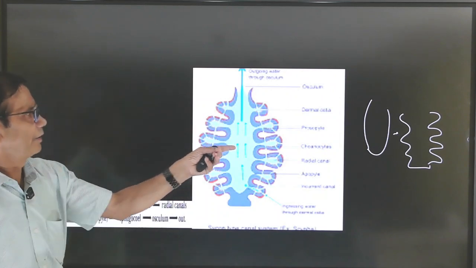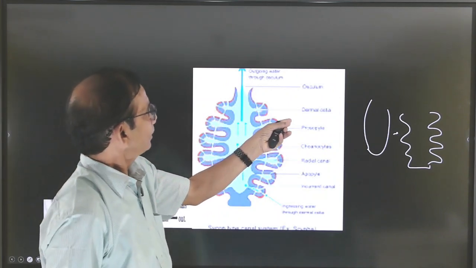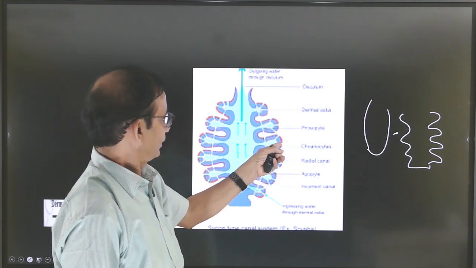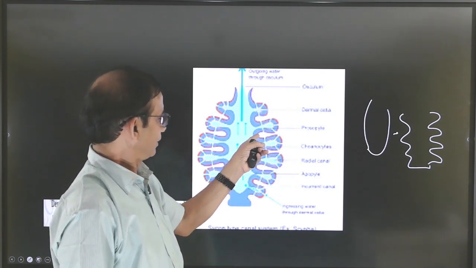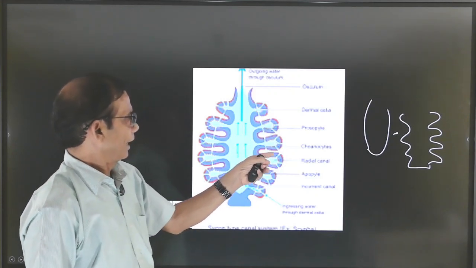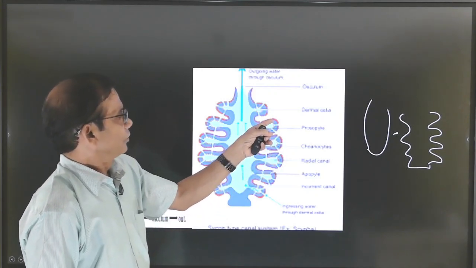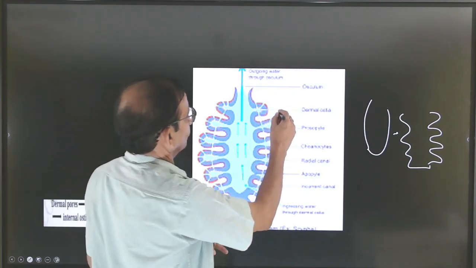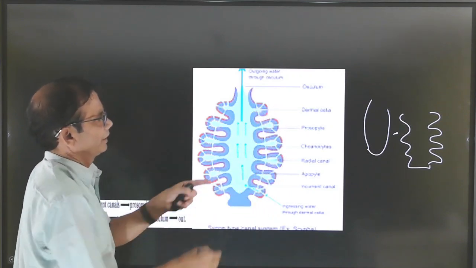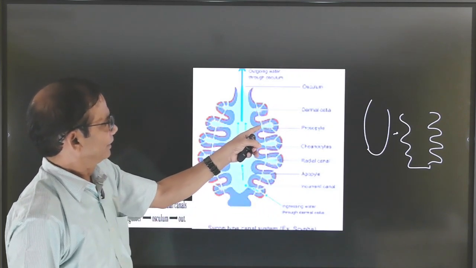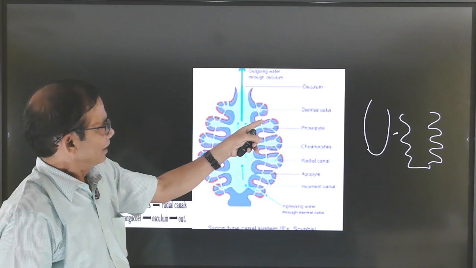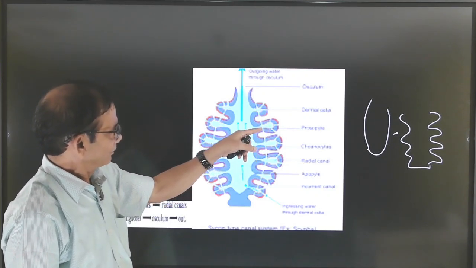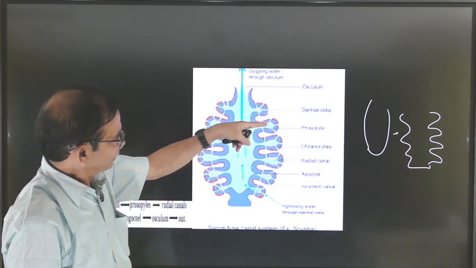Here you see the radial canal, the incurrent canal and the spongocoel. Water from outside enters the incurrent canal, then into the radial canal through prosopyles.